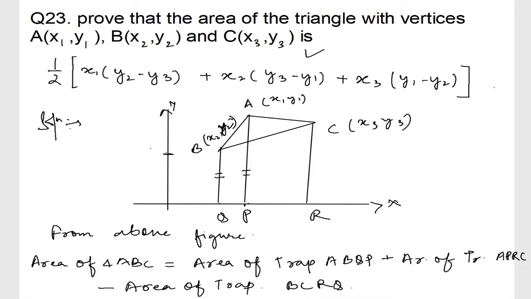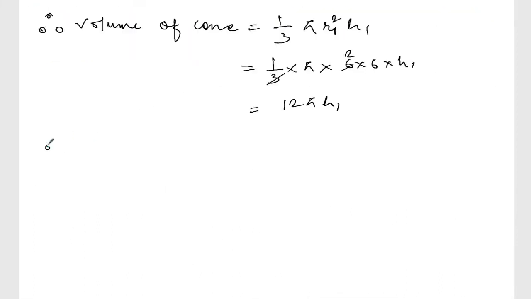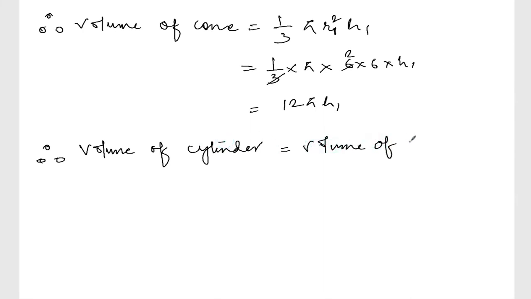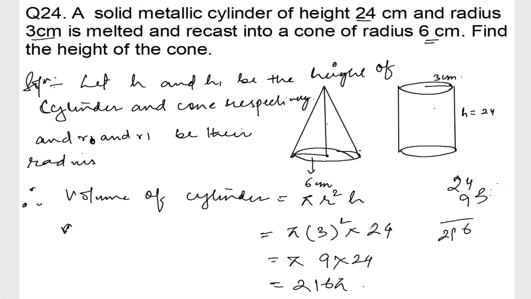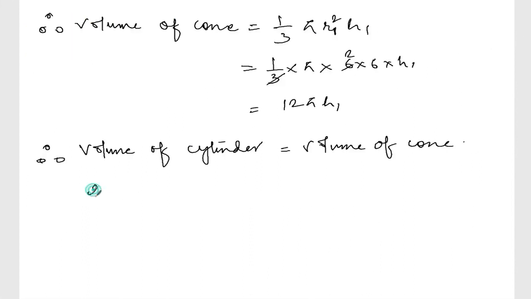So therefore volume of cylinder is equal to volume of cone. So what is volume of cylinder? Volume of cylinder here we got 216 pi, right? So volume of cylinder is 216 pi, which is equal to volume of cone, which is 12 pi into h1.